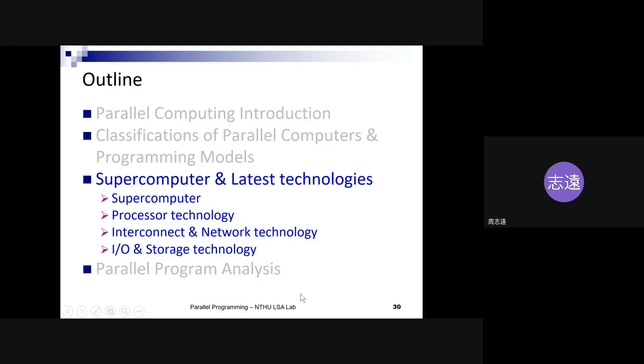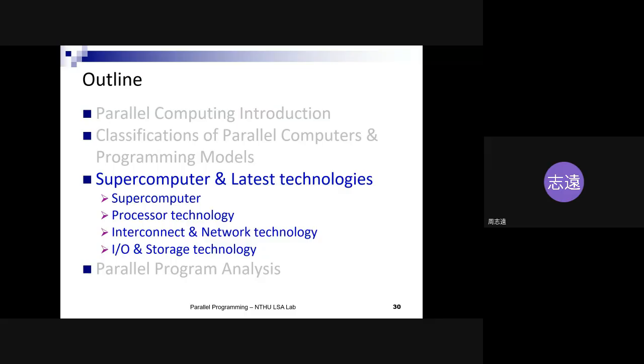Okay, so in the last lecture, we talked about the introduction of parallel computing and introduced a taxonomy from the hardware and software point of view for parallel computing.